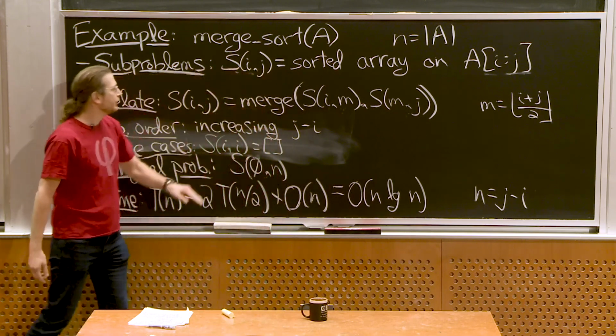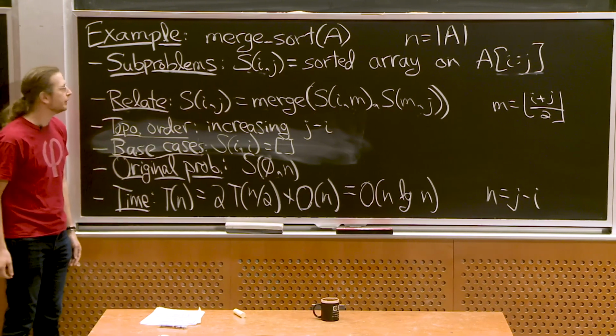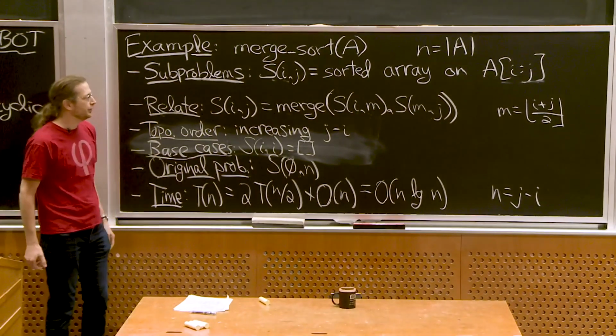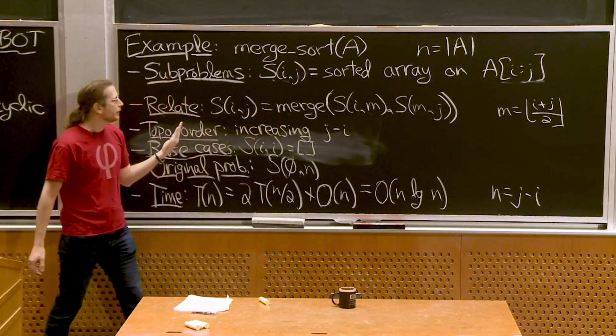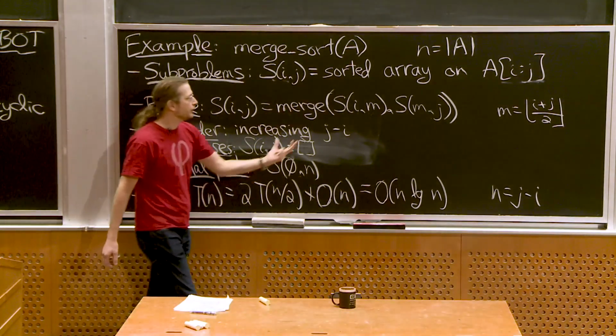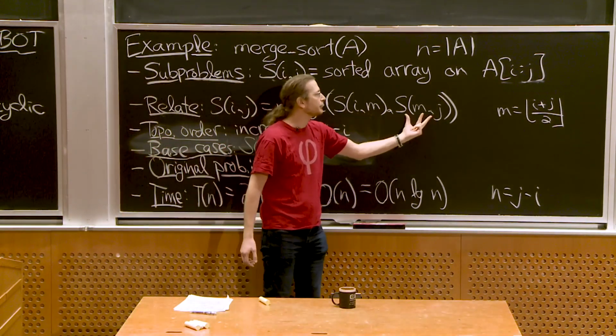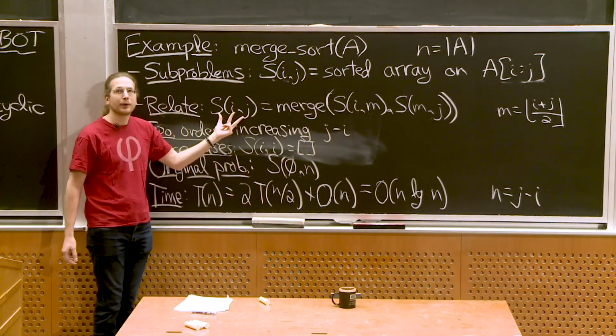If we merge those, that gives us the sorted array from i up to j. And that's exactly what merge sort does. So in general, this relation is just some algorithm for if you're given the solutions to some smaller subproblems, how do I solve the subproblem that I want to solve?